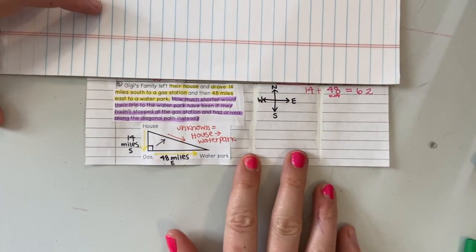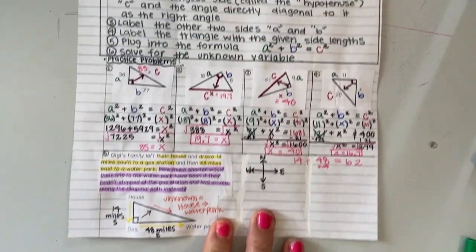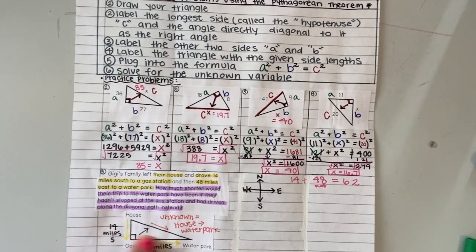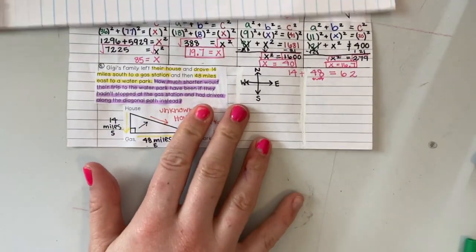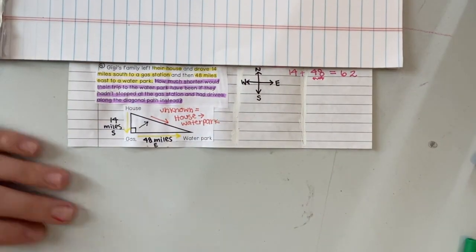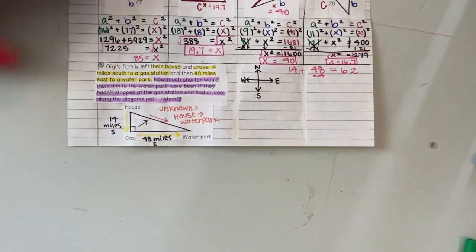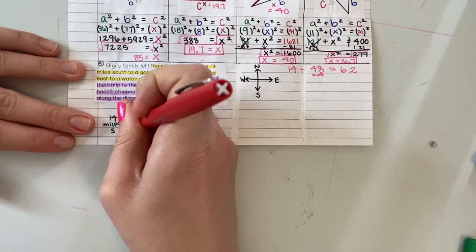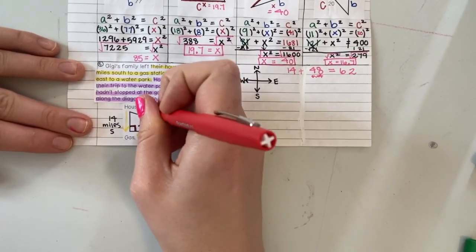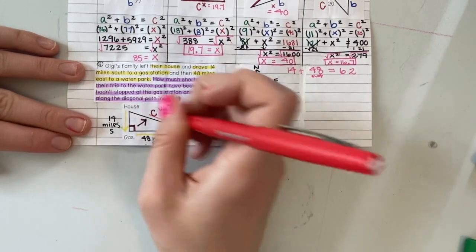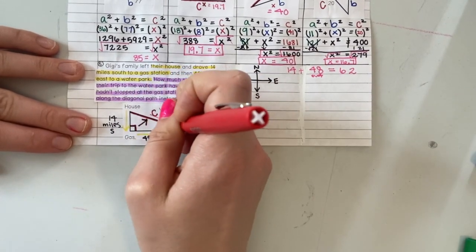But first, we're going to use our steps from up here. So we have our triangle drawn. We have not labeled our longest side, so let's do that. My longest side is going to be red just to keep everything consistent. So the distance from the house to the water park, that is my hypotenuse, that is my longest side.